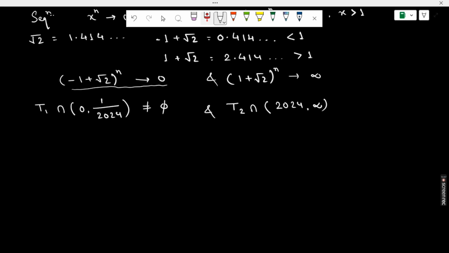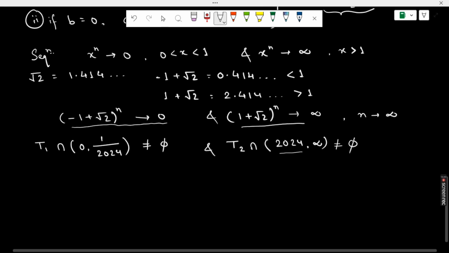Since the elements of T2 tend to infinity for n tends to infinity, T2 intersection this interval will obviously not be empty. There will be a large number inside T2 and in this interval also, which tends to infinity.